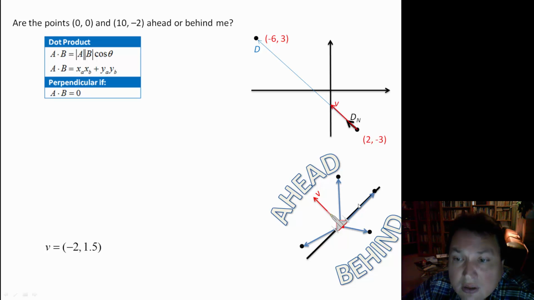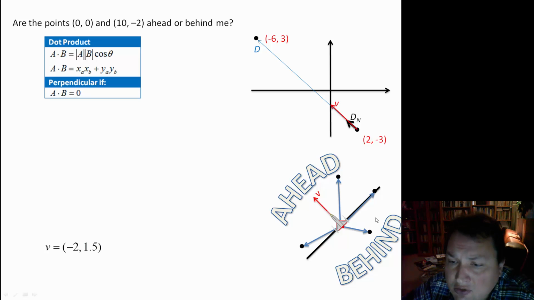For anything which has an acute angle between velocity and the displacement, the dot product is positive, and for anything that has an obtuse angle here, the dot product will be negative. Therefore, this problem can be reduced to calculating the dot product of the velocity and the displacement vector for the given point, and if the result is a positive number, this means that the point is ahead of me.